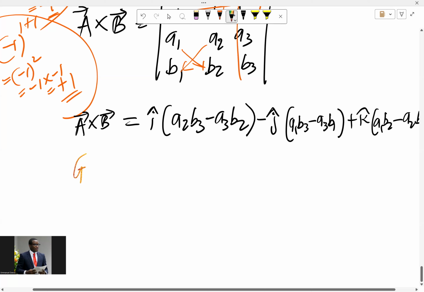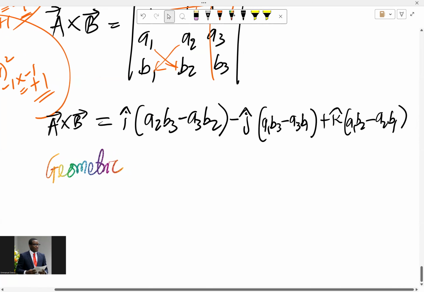So for the geometric interpretation, see what we get.